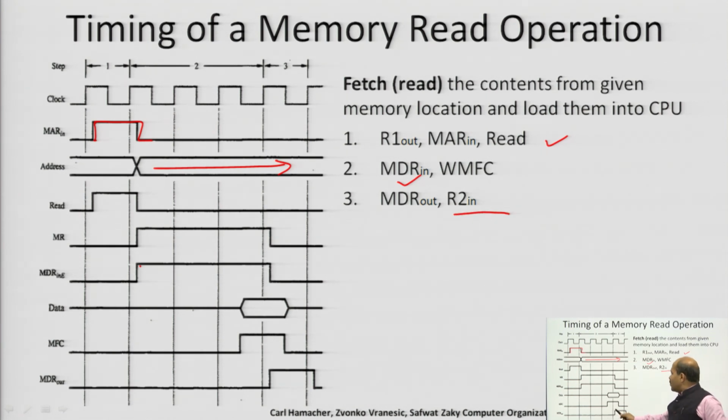So, MDR out will be enabled. MDR out is enabled when we receive the memory function complete. Once we receive it, meaning data is fetched completely and available with MDR, we can transfer the data from MDR to R2. So, this way we can understand the timing diagram of the fetch operation.